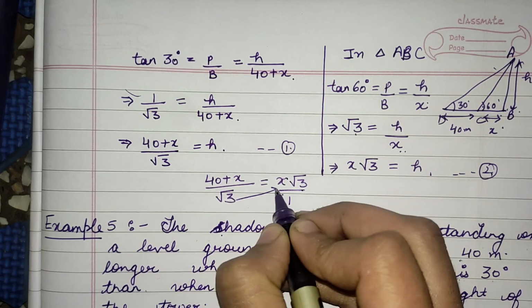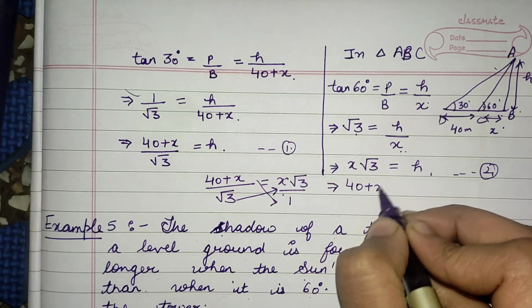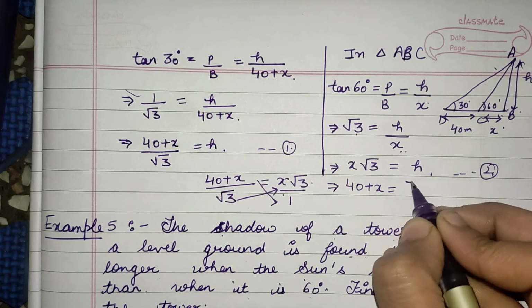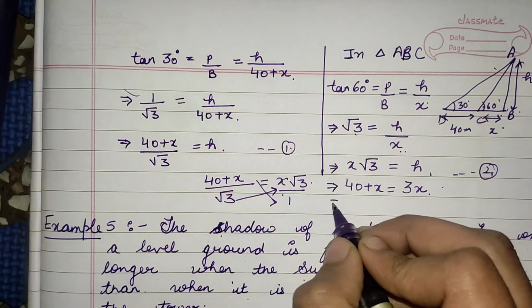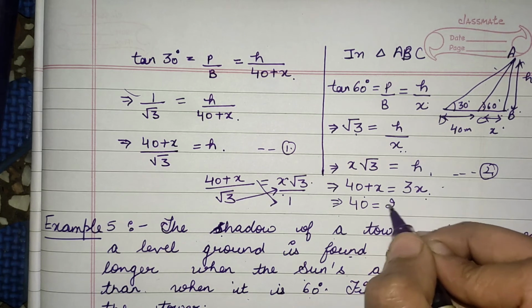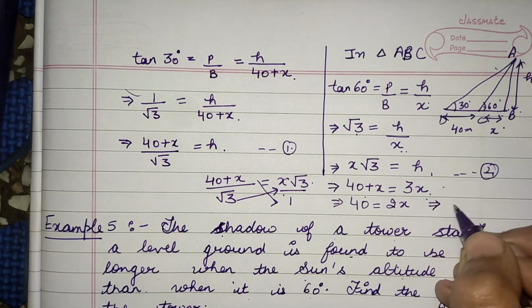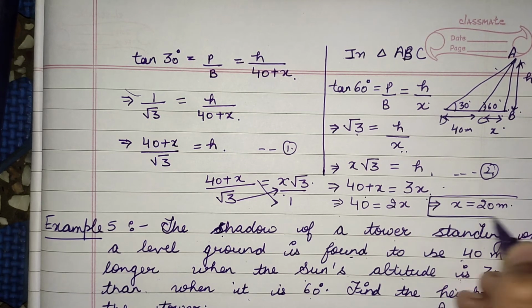When you do cross multiplication, you will get 40 plus x is equal to root 3 into root 3 x, which is 3x. Now this x will come to the right hand side and it will become 40 is equal to 3x minus x. So that means x is going to be 20 meter.